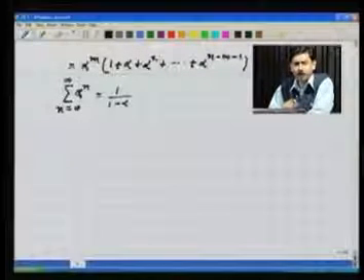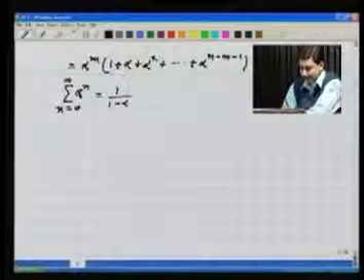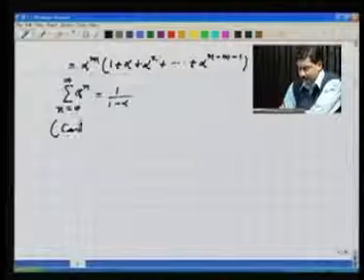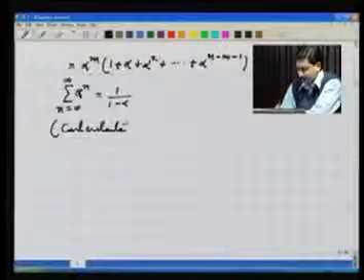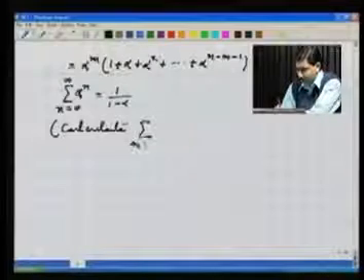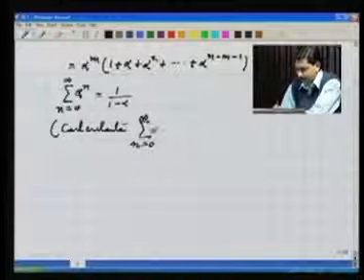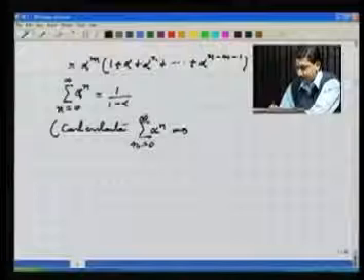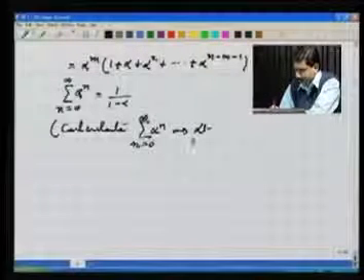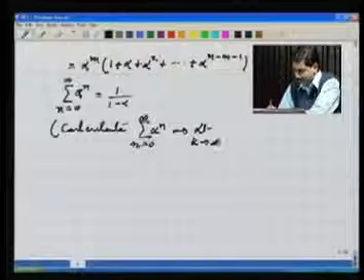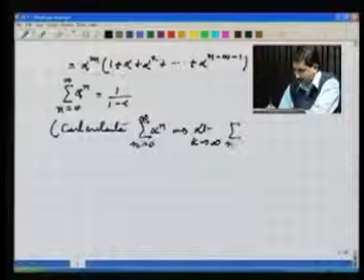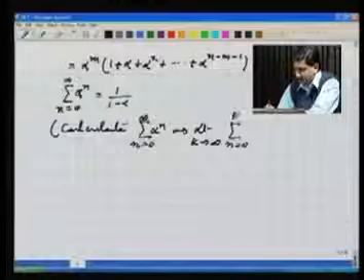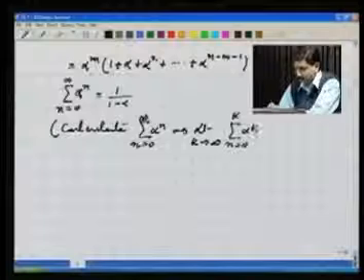You calculate the partial sums, that is, I will say calculate summation n equals 0 to infinity alpha to the power n as limit k going to infinity summation n equals 0 to k alpha to the power n.